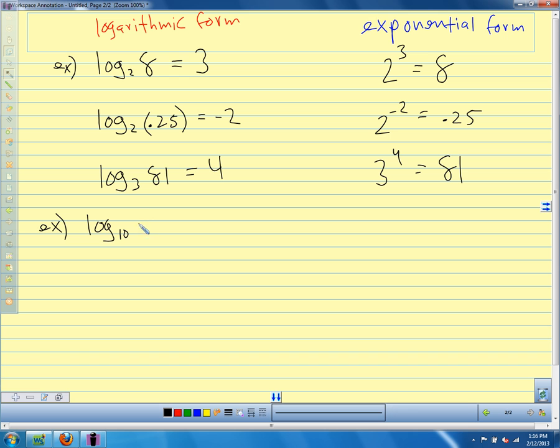We'll do log base 10 of 1 over 1,000. So I want to evaluate this. What exponent on 10 gives me 1 over 1,000? What power do I have to raise 10 to get 1 over 1,000?